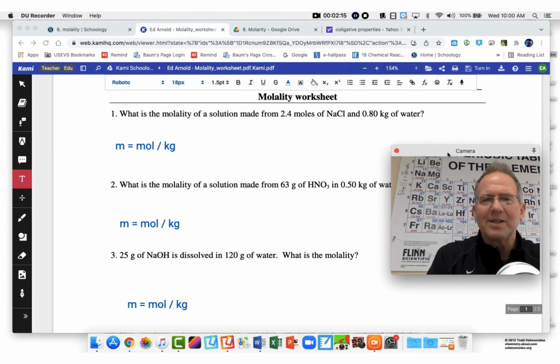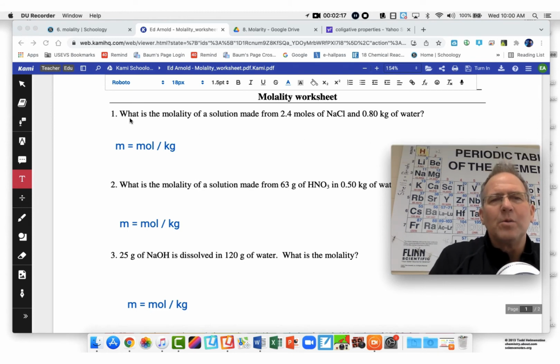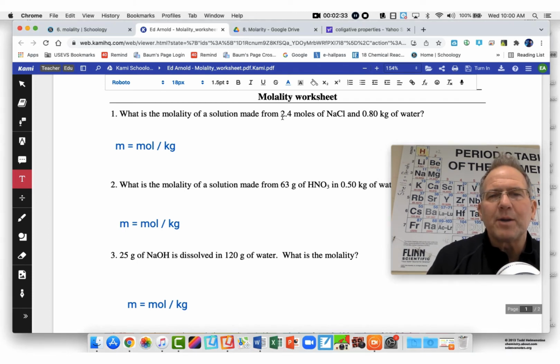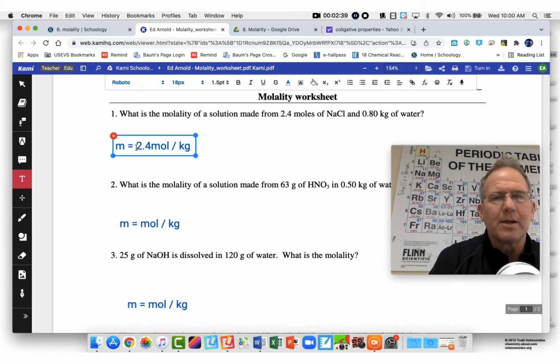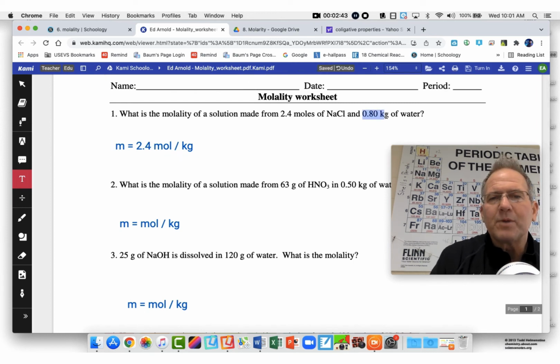All right, let's see what we have. What is the molality of a solution made from 2.4 moles of sodium chloride, that's salt, in 0.8 kilograms of water? The labels match. So all we're going to do is put them in the proper spots, right? So 2.4 moles, copy that 2.4 and paste it right in there. 0.8 kilograms of water, right? Copy, paste.